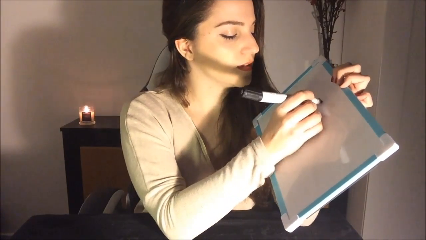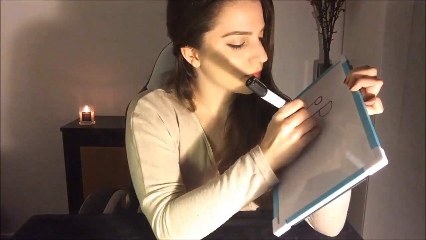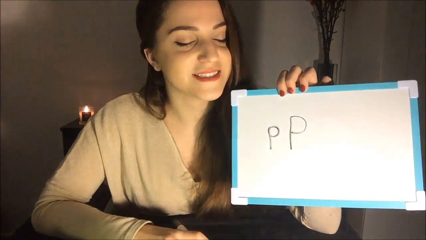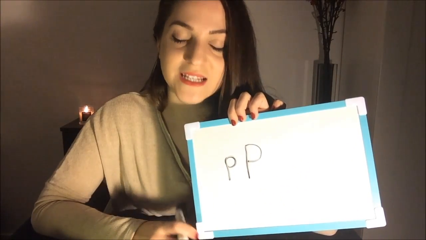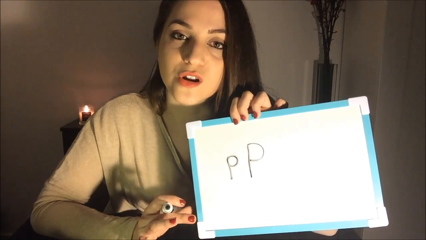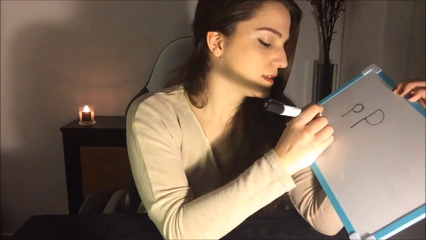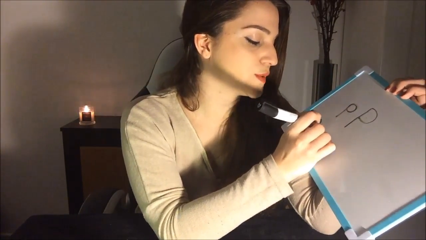Okay. So this is lowercase rho, micro rho, and this is uppercase rho. Just a bigger version of the lowercase. Ro is the sound that it makes. Ro. And syllables.